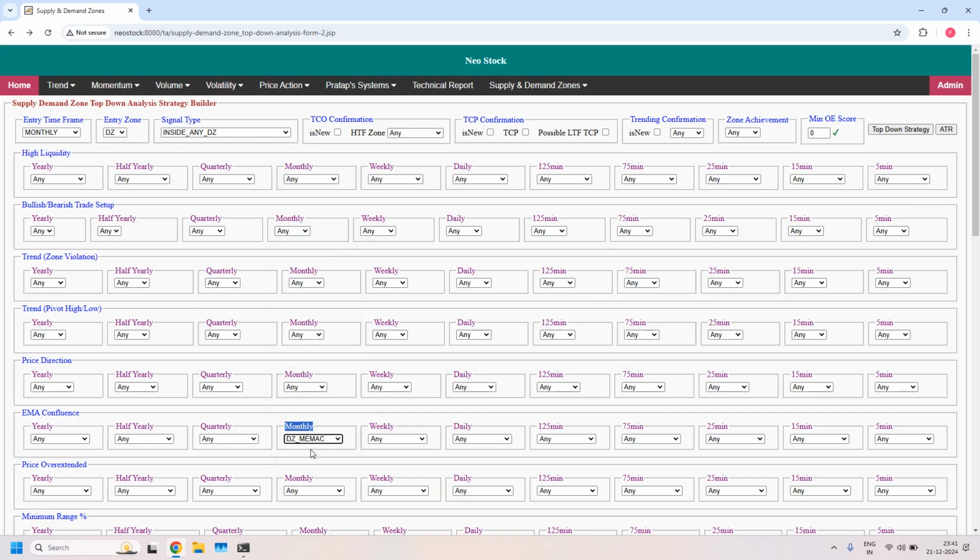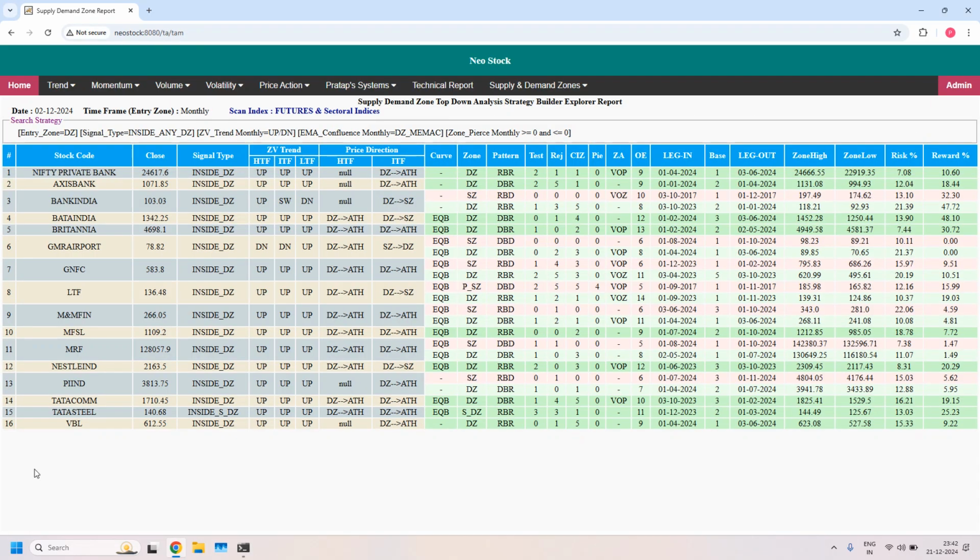This filter should not be used in a sideways trend because EMA Confluence makes sense only in a trending market, but not in sideways. That's why in the trend at monthly time frame, I am selecting only up or down. I am just ignoring sideways trend zones. From 32, the list is now reduced to 16 stocks. These 16 monthly demand zones are having monthly EMA confluence.